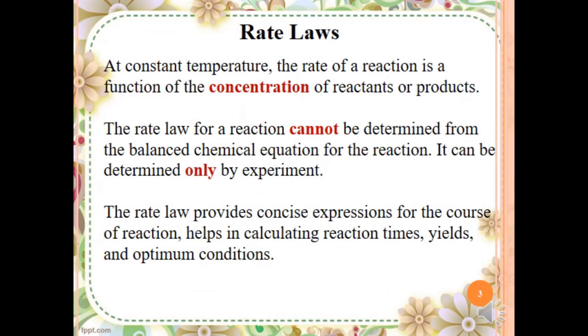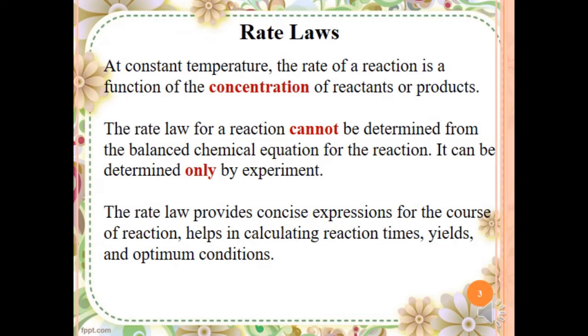So at constant temperature, the rate of a reaction is a function of concentration of reactant or products. And the rate law of a reaction cannot be determined from the balanced chemical reaction. Like I mentioned just now, the m and n values do not refer to the stoichiometric values small letter a and small letter b.